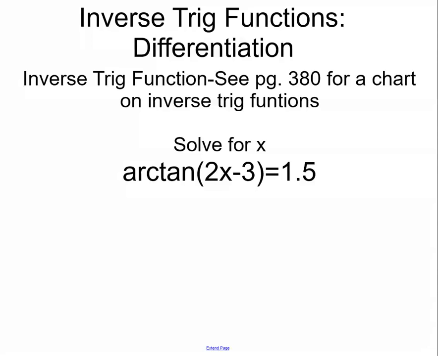And just a couple reminders. If you're looking at what inverse trig functions are supposed to equal, remember that their ranges can be somewhat limited. That's on page 380 in your textbook. Basically, your arcsine and arctangent can only equal angles between negative pi over 2 and positive pi over 2.